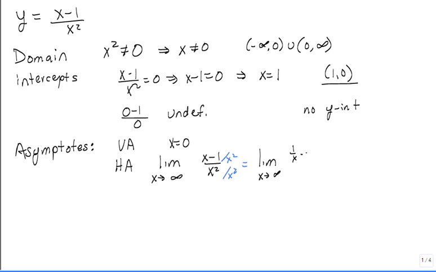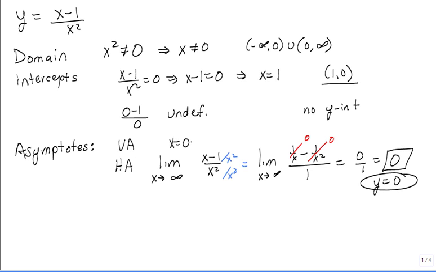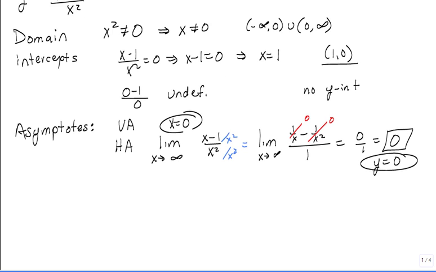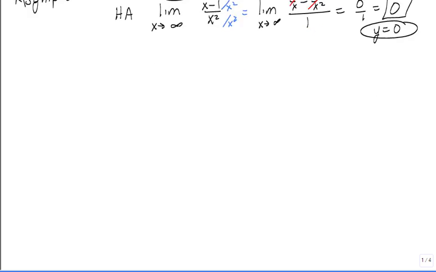I have 1 over x minus 1 over x squared over 1. Okay, that goes to 0, that goes to 0. Since my denominator is getting larger, 0 over 1 is 0. So my horizontal asymptote is y equals 0, and my vertical is x equals 0. Okay, now I'm ready to take the derivative.